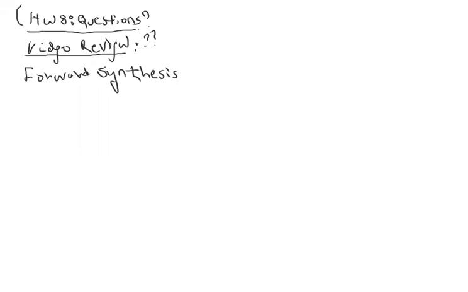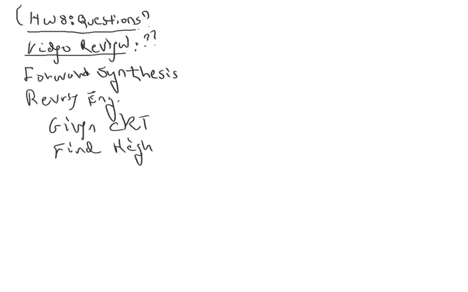There's another skill which you need to know, and this is called reverse engineering. In reverse engineering, you are given a circuit, and then you want to find the high-level spec. So at that point, you are going to have an opportunity to essentially do what you did before, only in reverse, if that makes any sense.